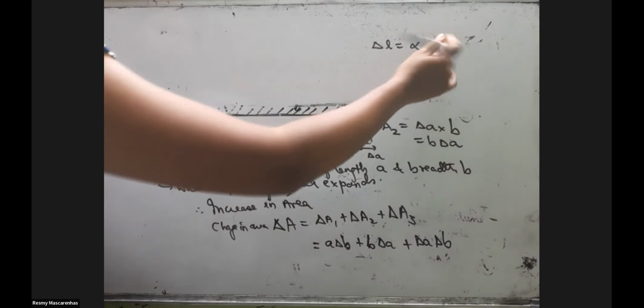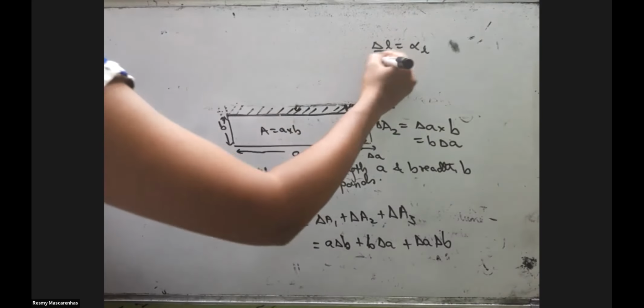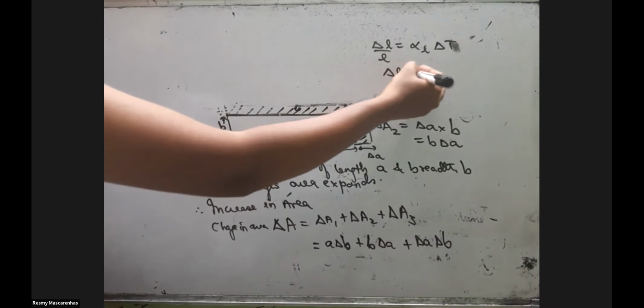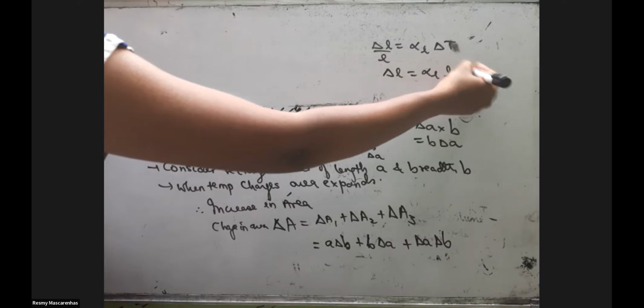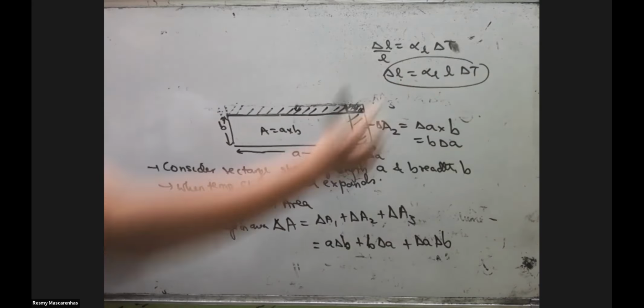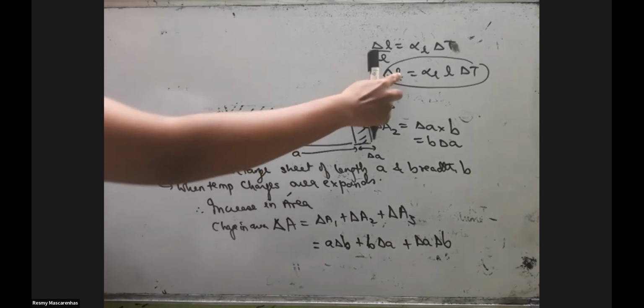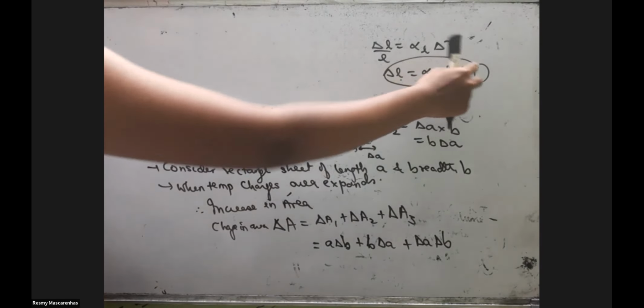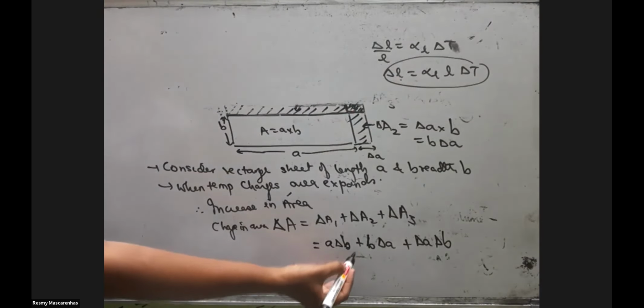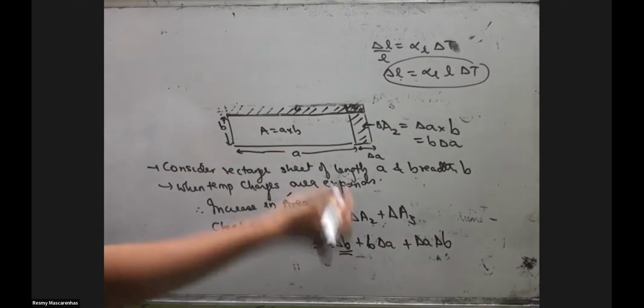Normally we take L, alpha L into delta T. So using the same formula, instead of length L we are using A for length, so this will become A, and for breadth it will become B. So what will be delta B now?